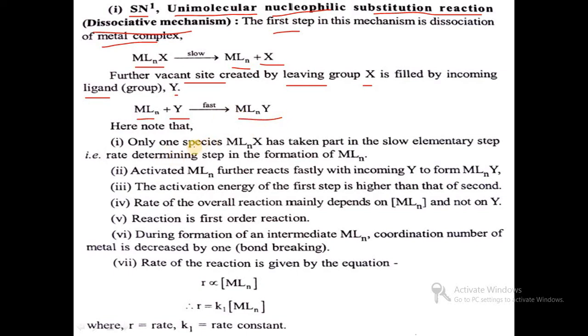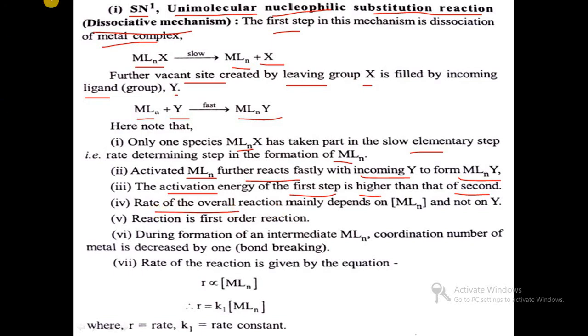Only one species, MLnX, takes part in the rate determining step in the formation of MLn. The activated MLn then reacts quickly with incoming Y to form MLnY. The activation energy of the first step is higher than that of the second step.